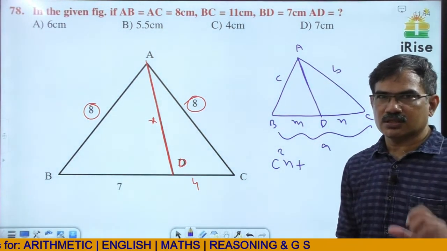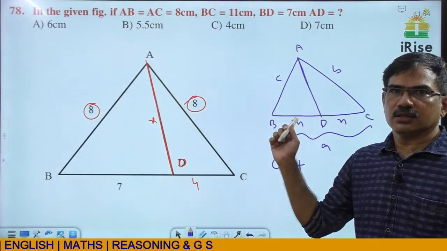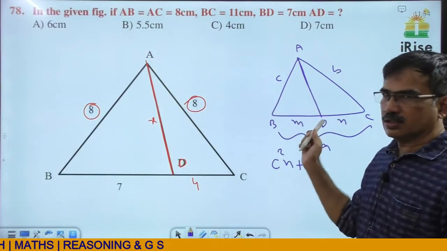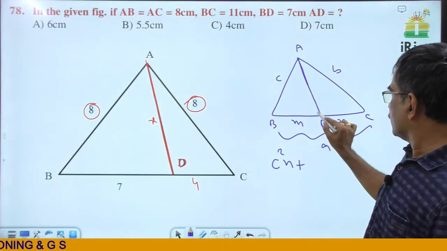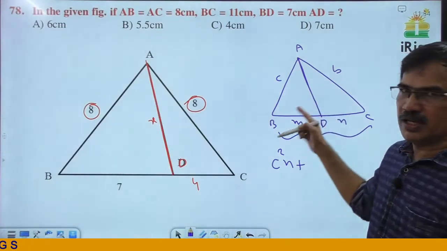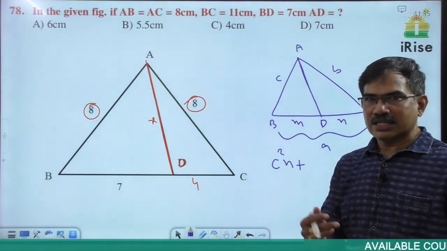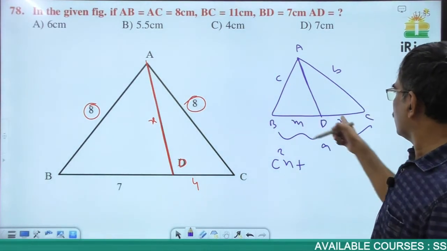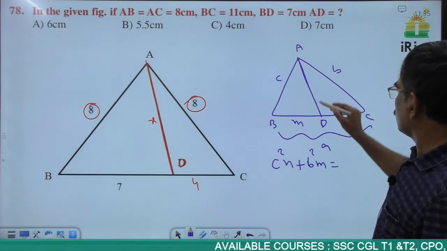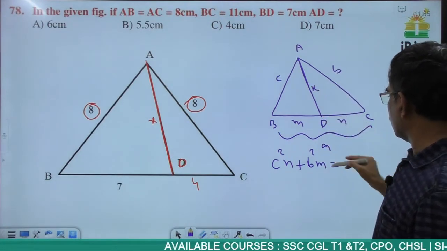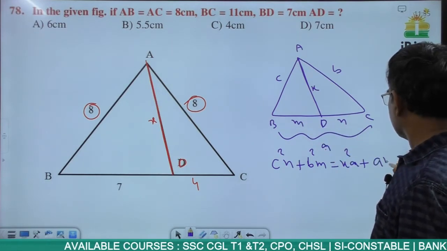This comes from the cosine rule concept. If this is alpha, this is 180 minus alpha, applying the cosine rule, we can create a formula like this: c square n plus b square m is equal to, consider this as x, x square into a plus a into m into n. This is the formula.